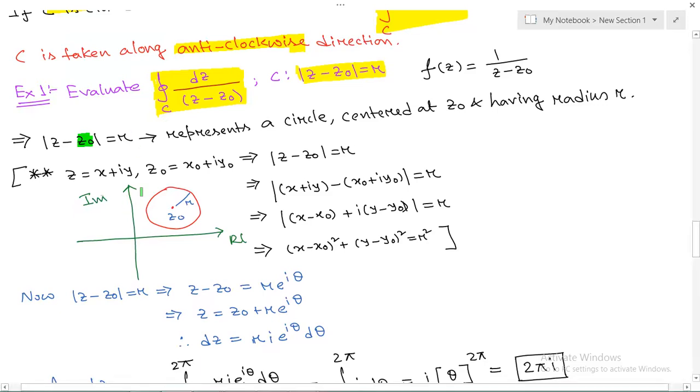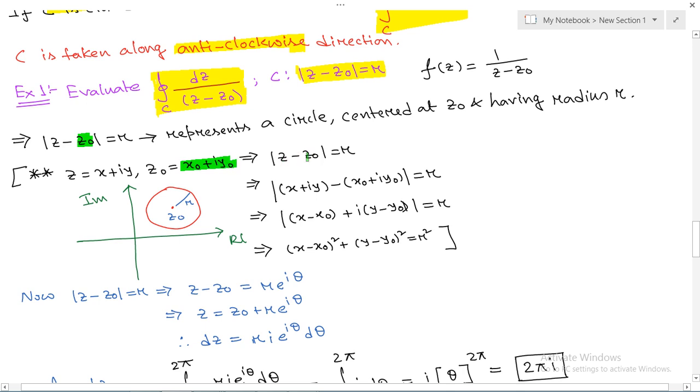For your understanding I have given one brief calculation about this circle. Say this is the real axis and imaginary axis. z0 is the center and r is the radius. How can we get this? Because every complex number can be put in the form z equals x plus iy, and z0 equals, say, an arbitrary point on the complex plane, x0 plus iy0.